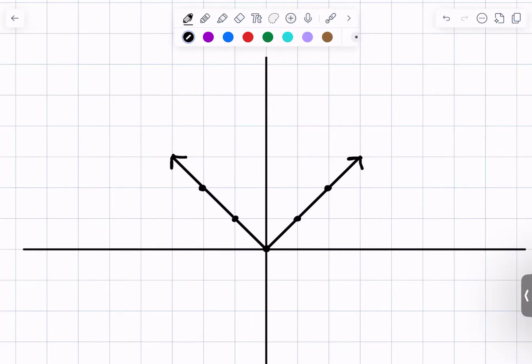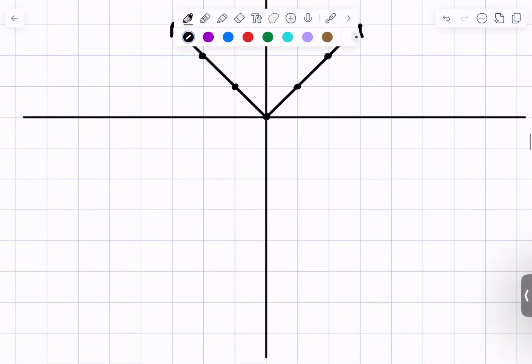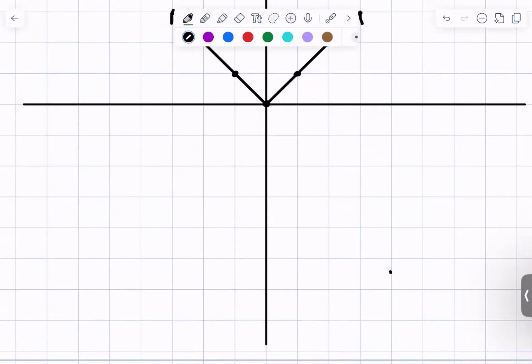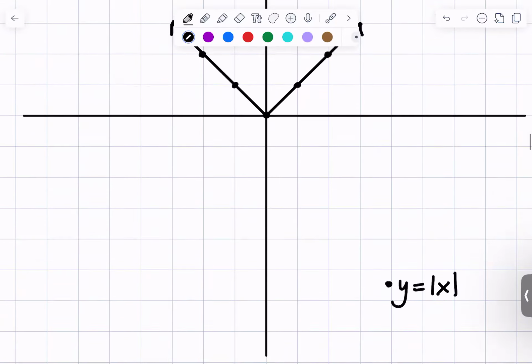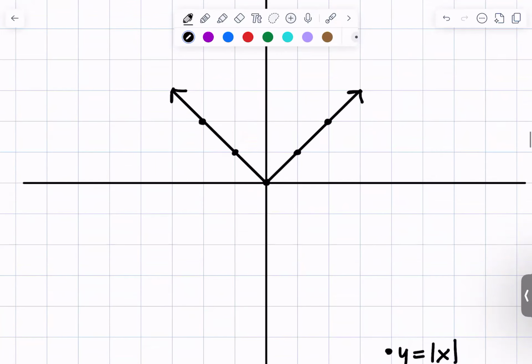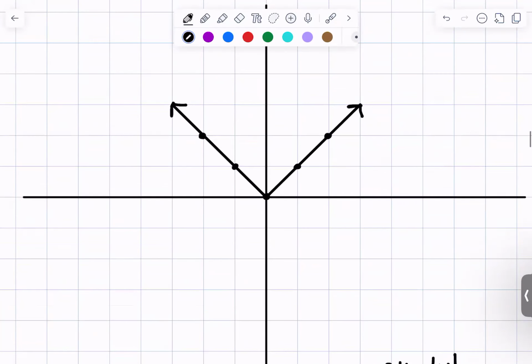All right, so here is my parent function, and I'm going to label it as well. And because I'm going to color coordinate this, I'm going to label it here. Okay? So just making it neater. If you're working with one color, which is totally fine, label it right on the graph.